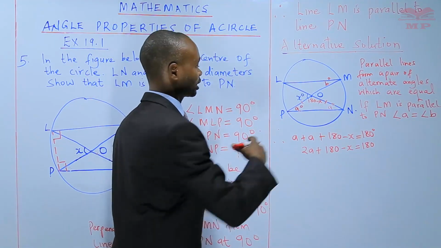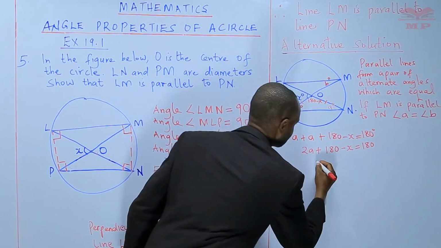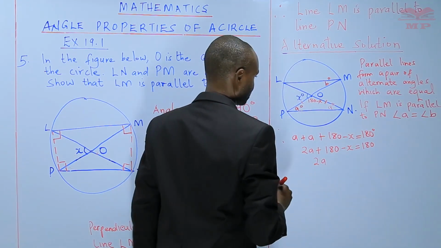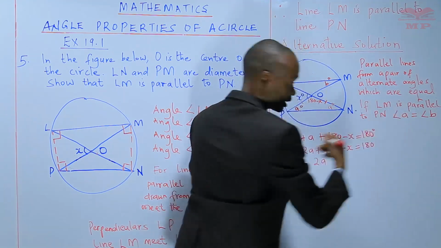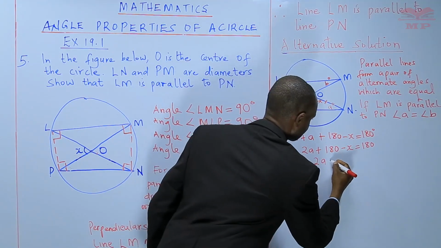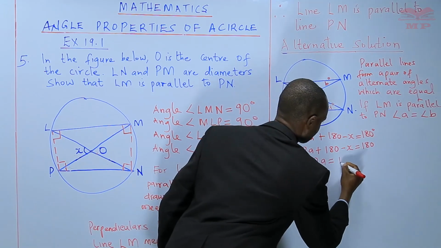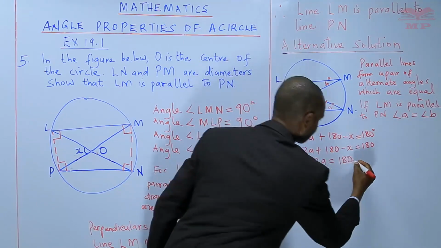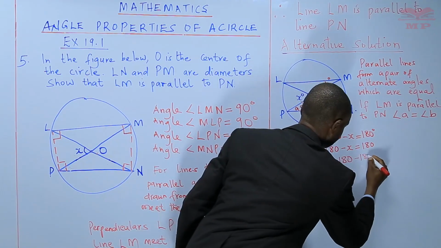The other ones will go to the other side. So I'll have 2A. When this one goes to the other side, the negative becomes positive. So we'll have 2A is equal to 180, take it the other side, it becomes minus 180.